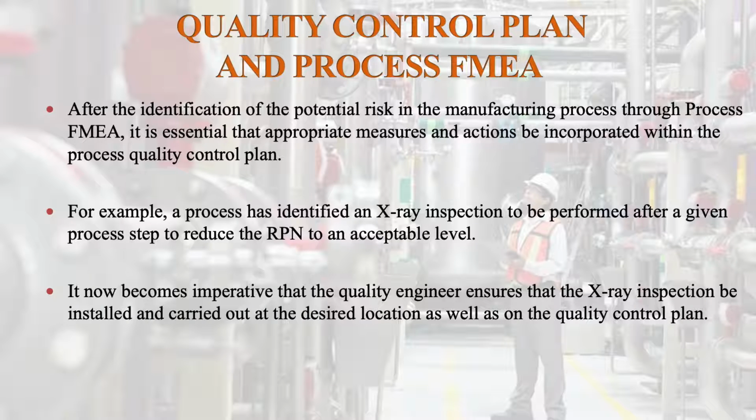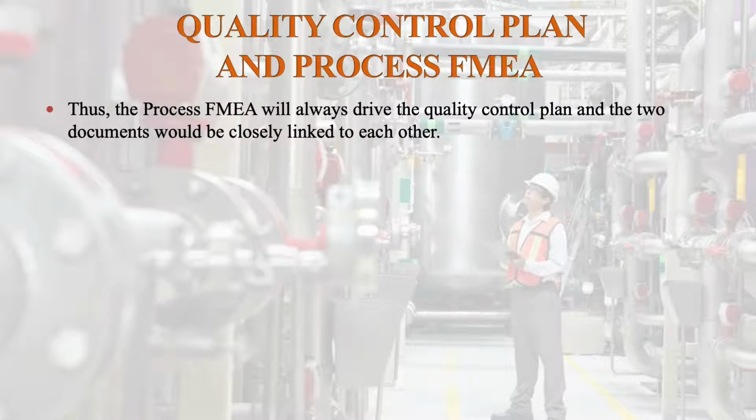It now becomes imperative that the quality engineer ensures that X-ray inspection be installed and carried out at the desired location as well as in the quality control plan. Thus, the process FMEA will always drive the quality control plan, and the two documents would be closely linked to each other.